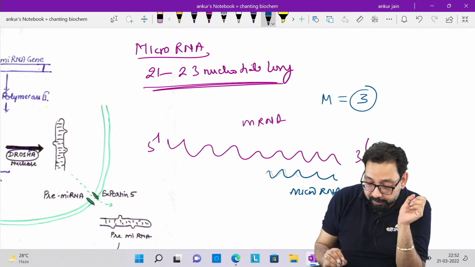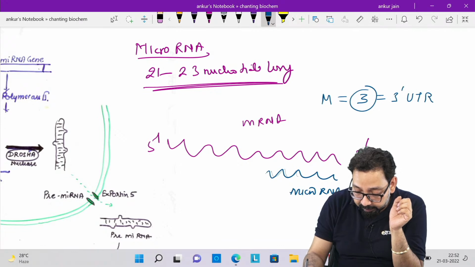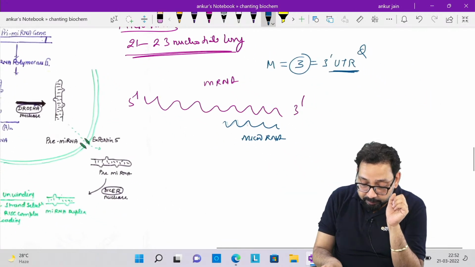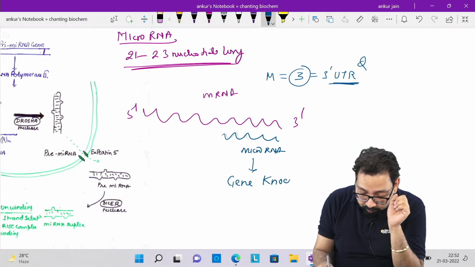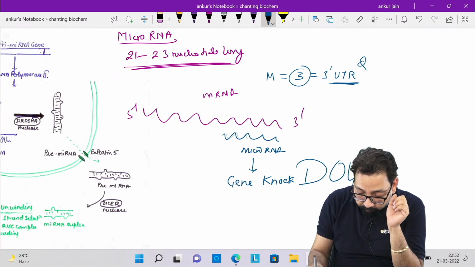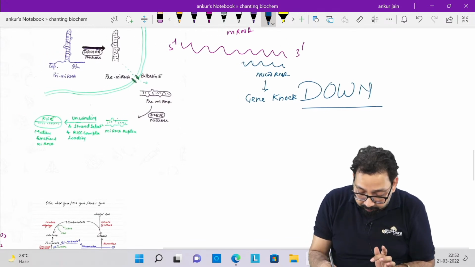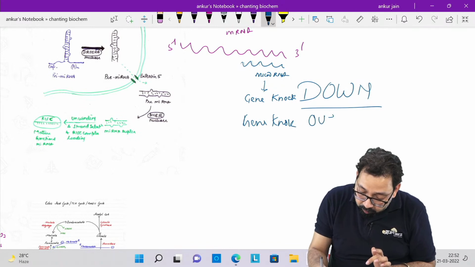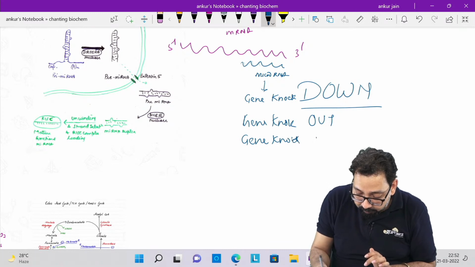So the question was asked: microRNA binds to the 3' untranslated region, UTR, and by binding to messenger RNA, it causes gene knockdown. Okay, there are three words here: gene knockdown, gene knockout, gene knock-in.